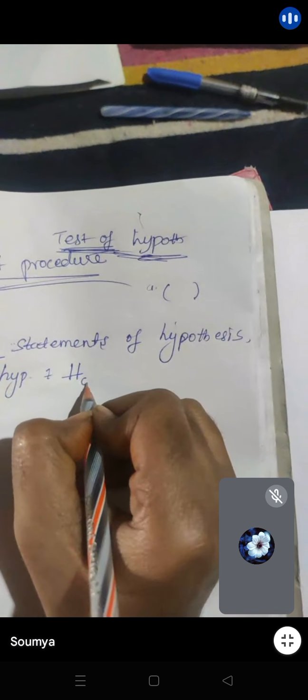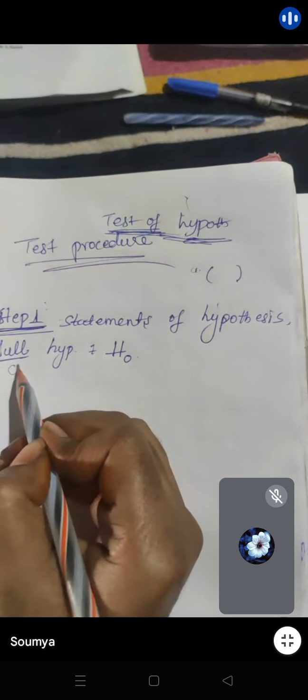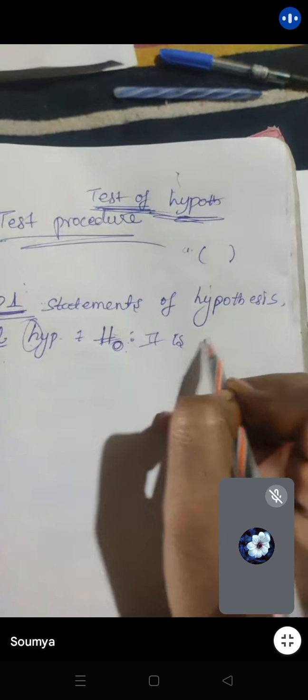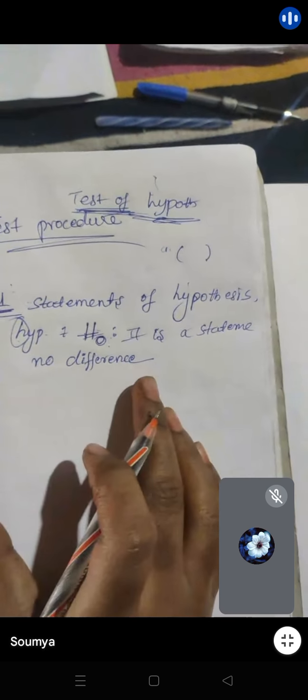Step 1, null hypothesis. What is meant by null hypothesis? We will denote it as H naught, okay? Null means 0, right? So we denote hypothesis by H, and null means 0. So H naught is a statement of no difference.